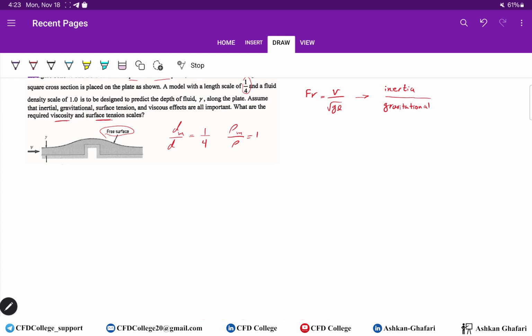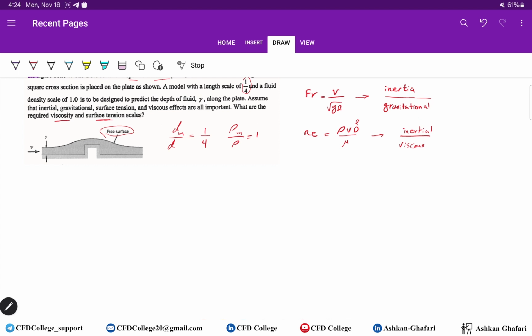The Reynolds number, which is rho V D or L over mu, is the ratio of inertia to viscous forces.